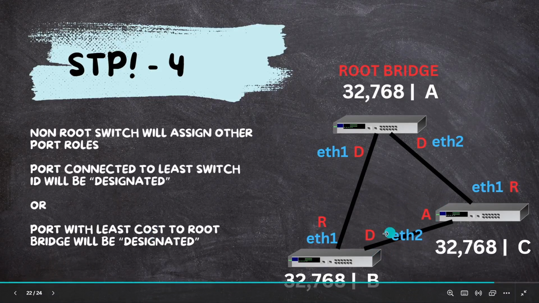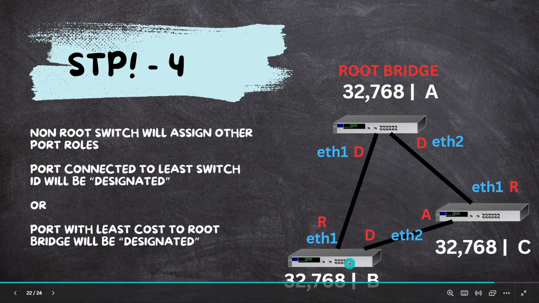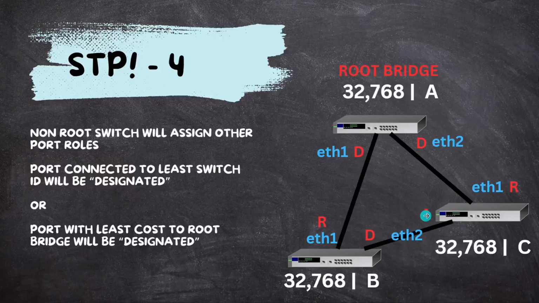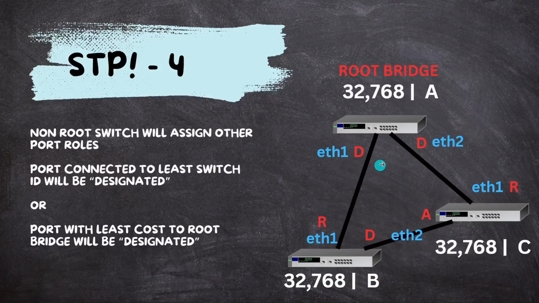So let's say for this path, the priority number for both of these switches is the same, 32768, but the MAC of this one, which is B, is lesser than the MAC of this one, which is C. So this port will be assigned designated, and this port will be assigned alternate. And that's how we have the whole STP topology, with all these port roles assigned to the ports.